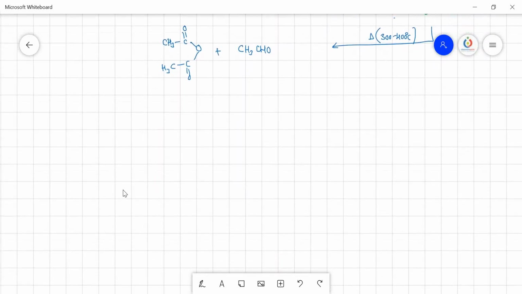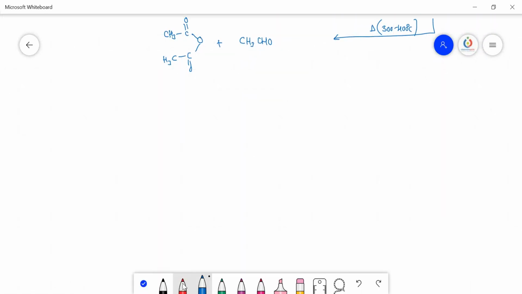Now let us see the addition of alcohol. Alcohol is generally added to alkynes in the presence of NaOH or KOH.